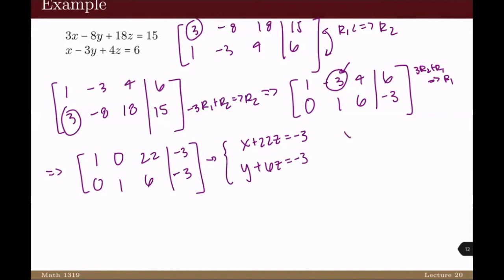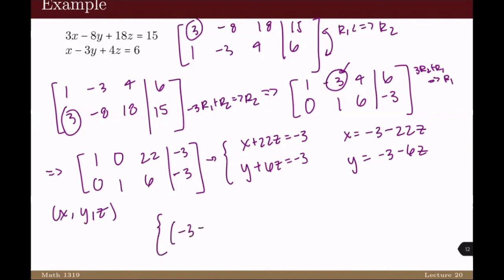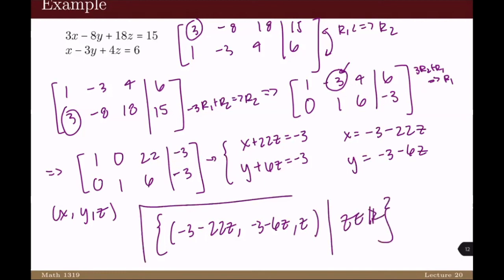So that means we have x equals -3 minus 22z and y equals -3 minus 6z. So I always write my points as x comma y comma z. So that means my solution is going to be -3 minus 22z comma -3 minus 6z comma z, such that z is any real number. And that's it.